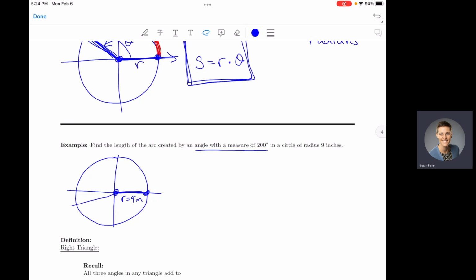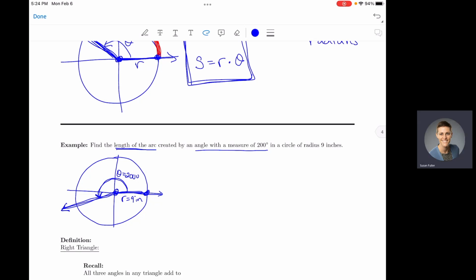I'm going to put it down here because 200 degrees is a little bigger than 180. In standard position, we start at the positive x-axis and rotate a little bit past the negative x-axis. So here's my angle theta, which is 200 degrees. And I want to know the length of the arc.